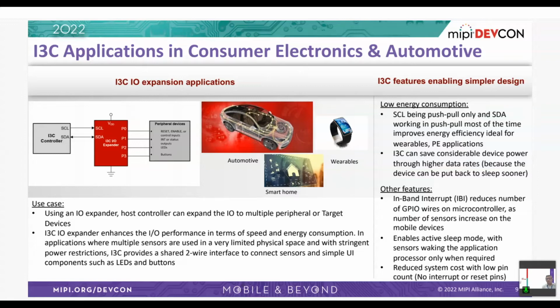So now with the in-band interrupt, the additional GPIOs can be eliminated, allowing the MCUs to be much smaller while getting the same amount of data. At the same time, reduced system cost is also realized because now we don't have to increase the number of IOs just to be able to communicate or get interrupts from mission critical devices or target devices on the bus.